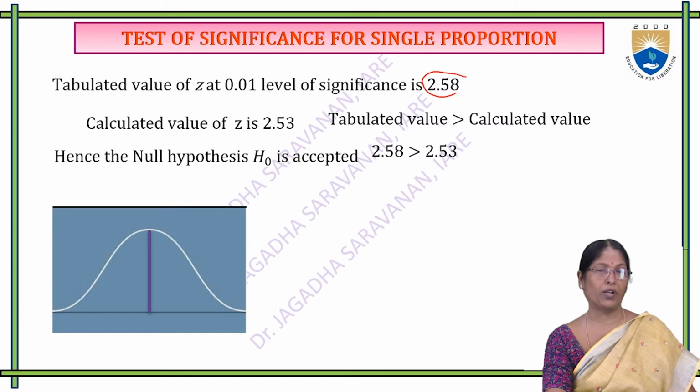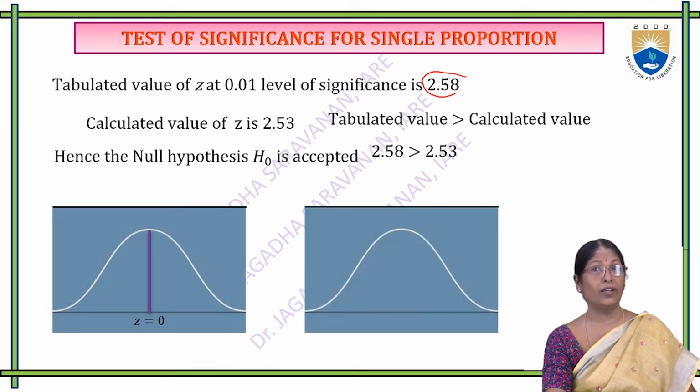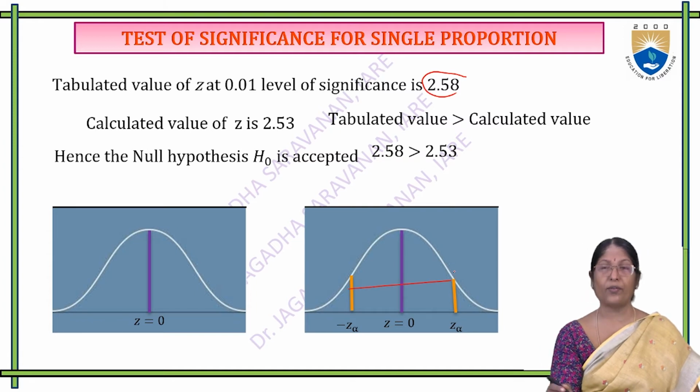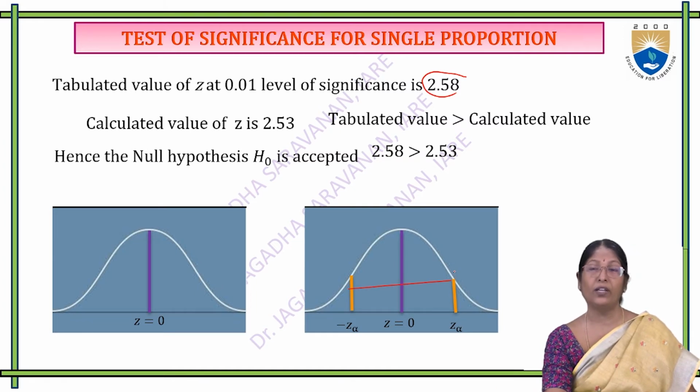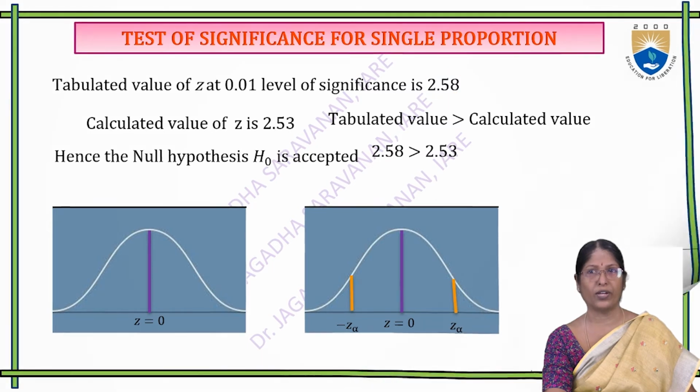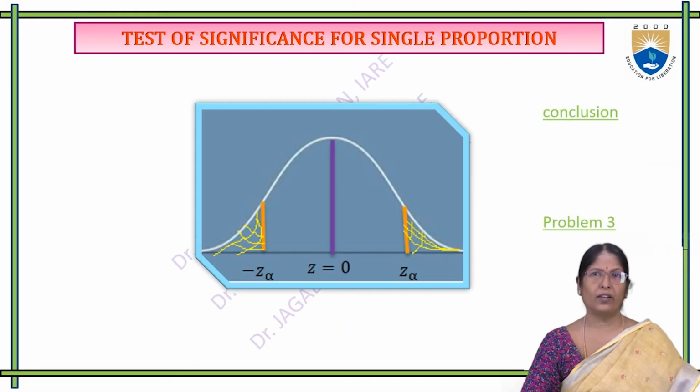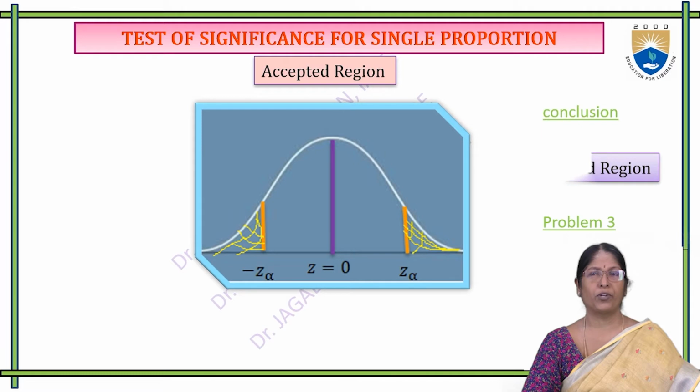Yes, our normal curve is ready, and in this problem we have taken the two-tailed test. We can see it, from minus Z alpha to Z alpha. This region is accepted, the two sides are rejected. So this is the final output of the graphical representation of this particular problem, mentioning the accepted and rejected regions.